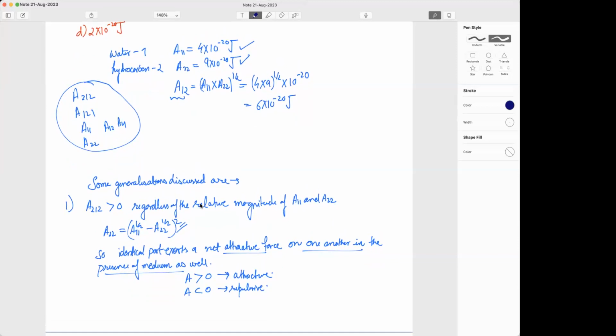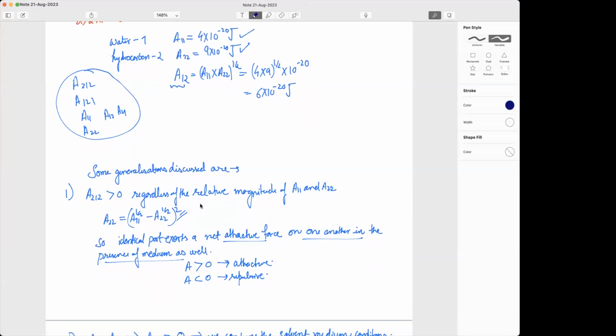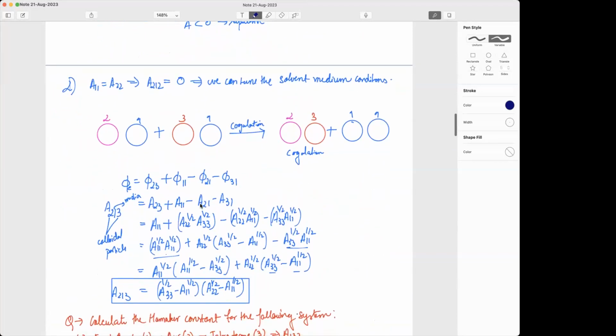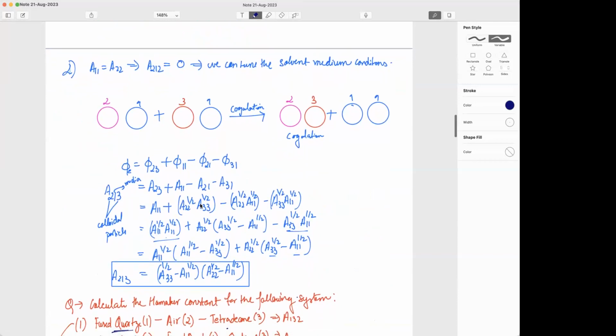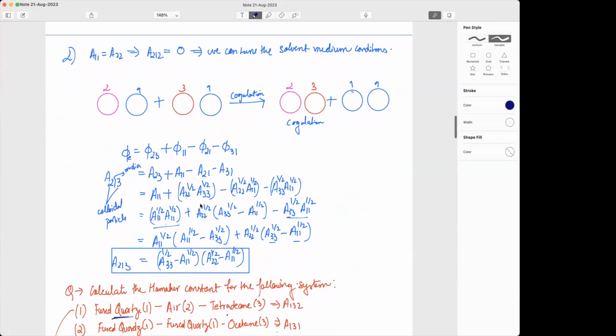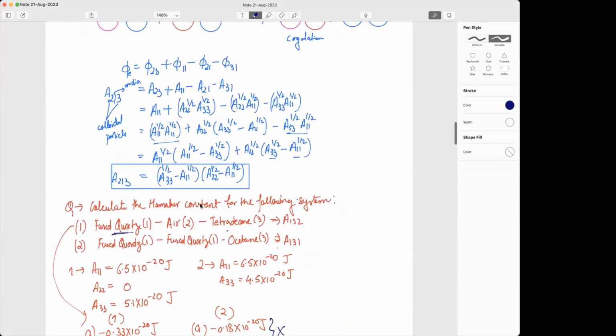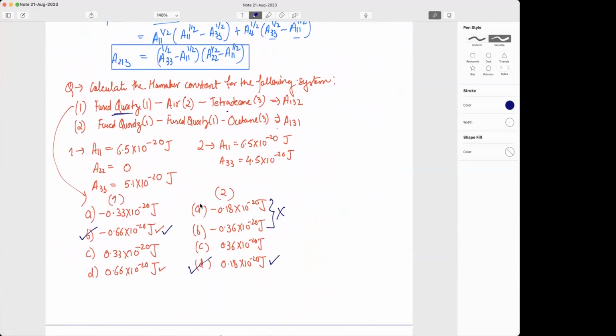It's a little bit lower. Next page, please. For quartz and air and tetraoctane. Okay, you'll find out that one. Can you show me these solutions?